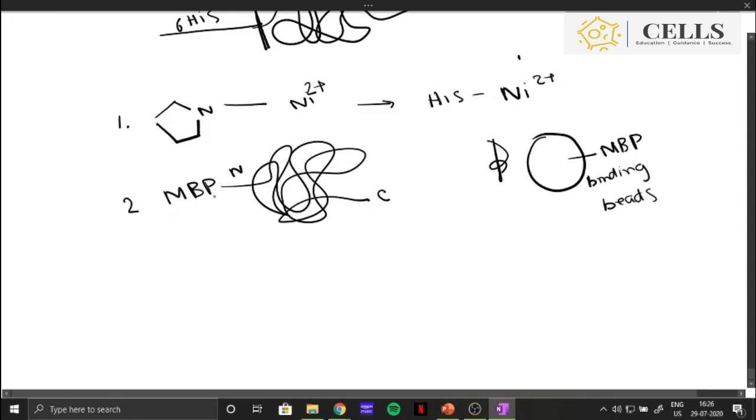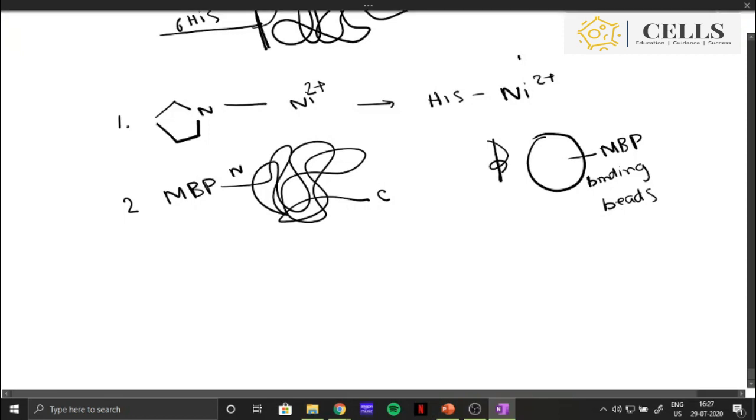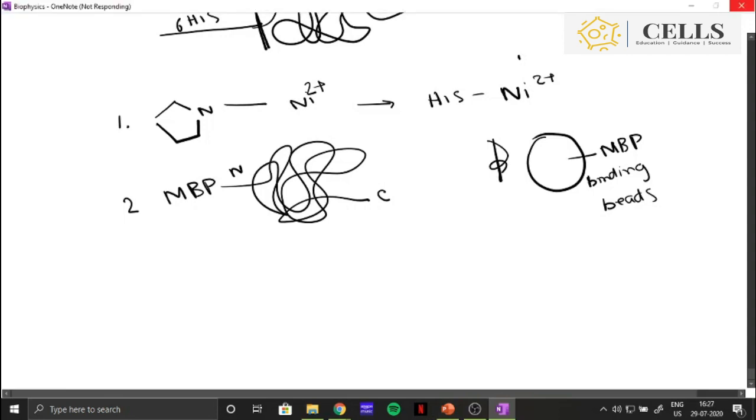These are the standard experimental procedures. You can add like 6 tryptophans in front of a protein and check it using your column, but I don't think it will bind to nickel. It has been shown that histidine specifically binds to nickel, and it has been a regular experimental procedure.